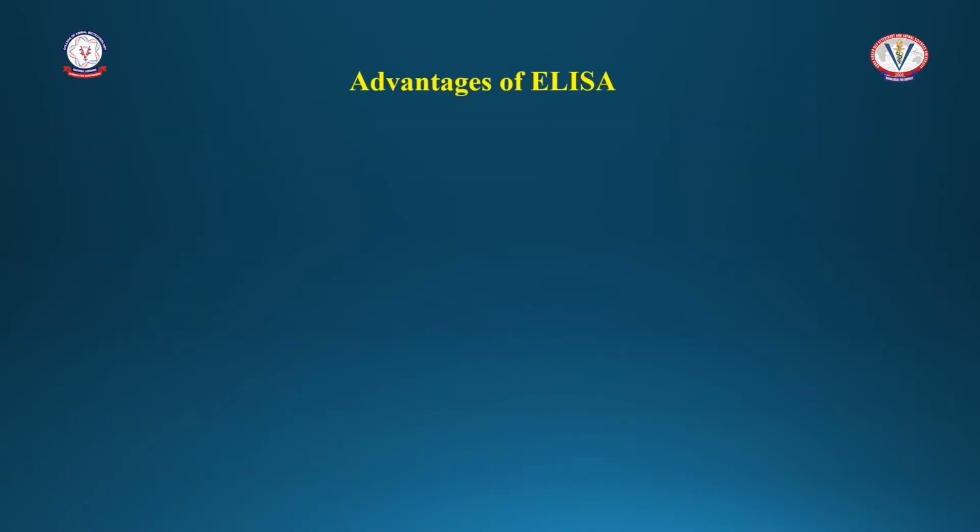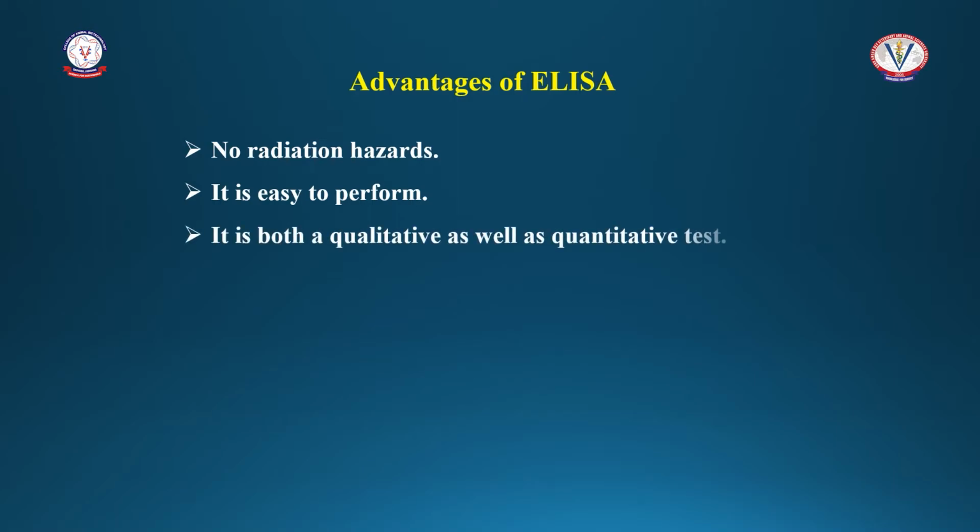Major advantages of ELISA over the other techniques is that no radiation hazards are involved during ELISA. It is easy to perform. It is both a qualitative as well as quantitative test which can demonstrate the amount as well as the presence of target antigen in the sample. ELISA is a highly specific and sensitive test.